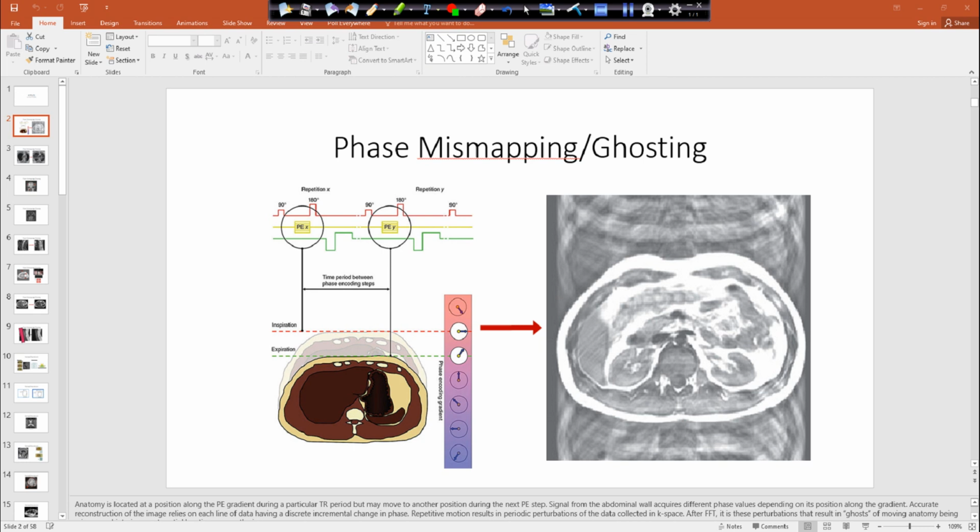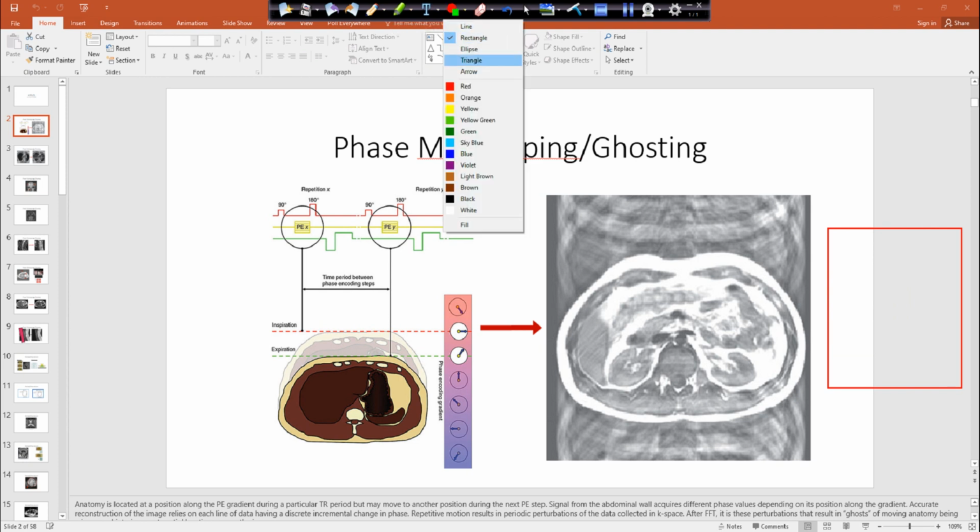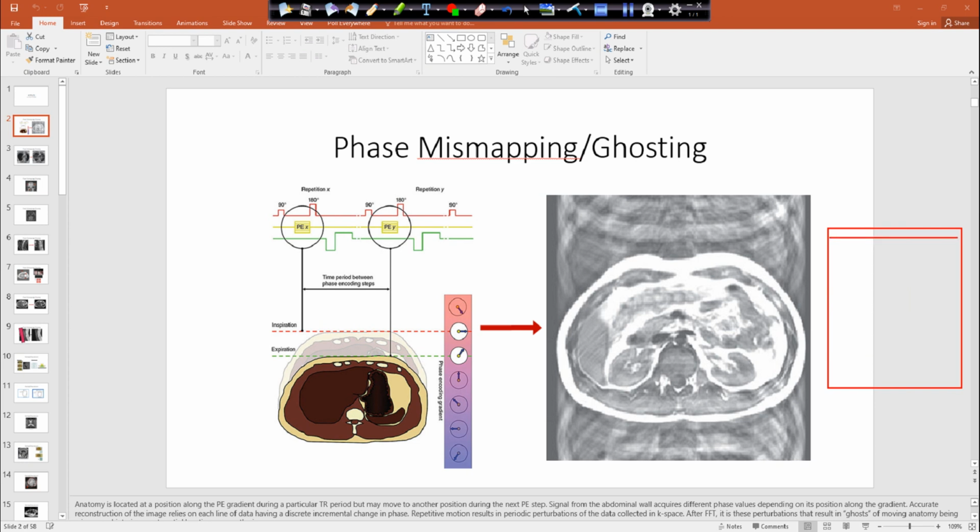So let's draw our K-space again. So imagine our K-space. Oh, that is not a rectangle. Usually we have more lines than this in K-space, but I'm just going to do a short little example.